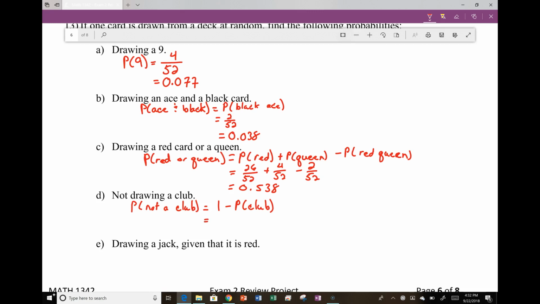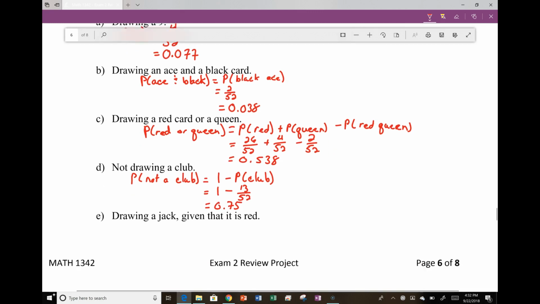There are 13 clubs out of 52. So when we take 1 minus 13 divided by 52, we end up with 0.75. So the probability of not drawing a club is 0.75.